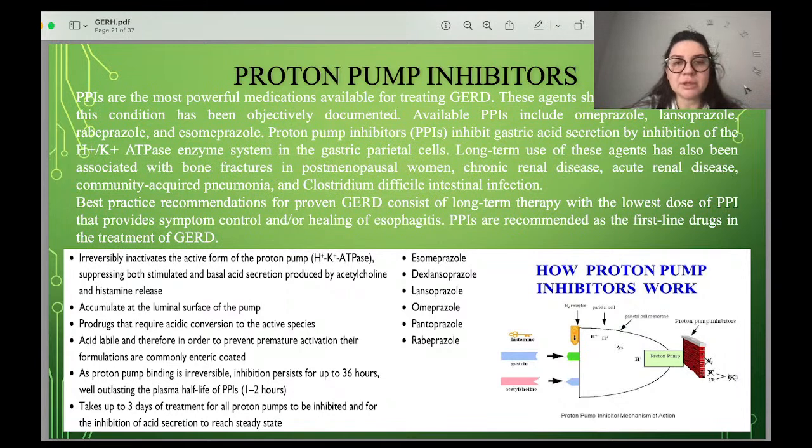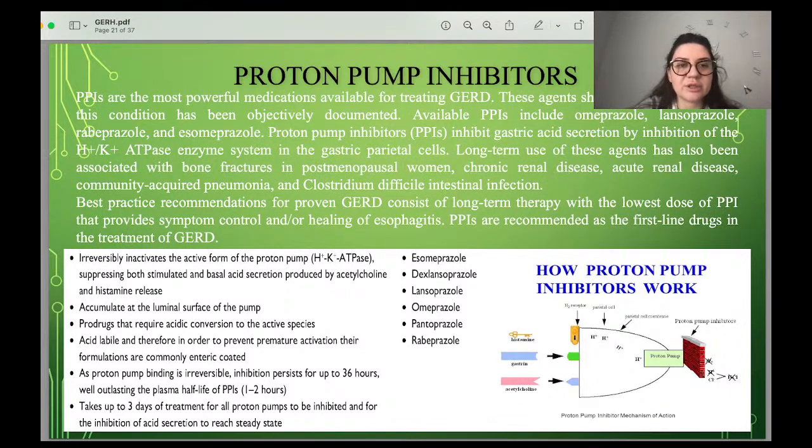Proton pump inhibitors inhibit gastric acid secretion by inhibition of the H+/K+ ATPase enzyme system in the gastric parietal cells. Long-term use of these agents has also been associated with bone fractures in postmenopausal women, chronic renal disease, acute renal disease, community-acquired pneumonia, and Clostridium difficile intestinal infections.